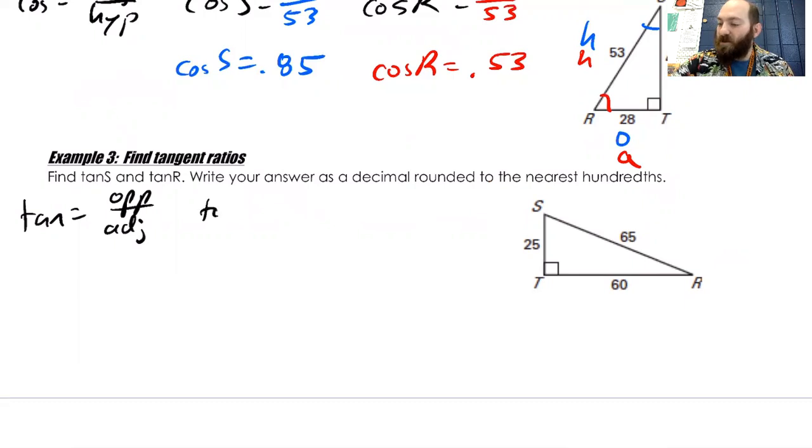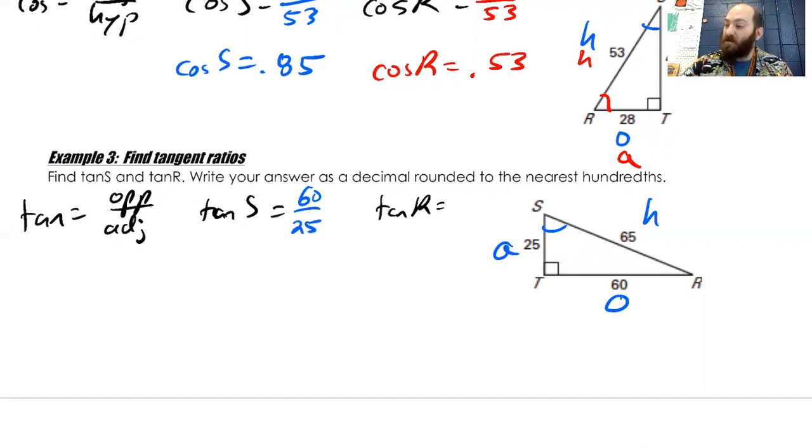Okay, so the tangent of S and the tangent of R. If I do blue for tangent S, if that's my reference, the opposite side is over here, the adjacent side is right there, and the hypotenuse is right here. I'm going to do opposite divided by adjacent, so that is 60 divided by 25.